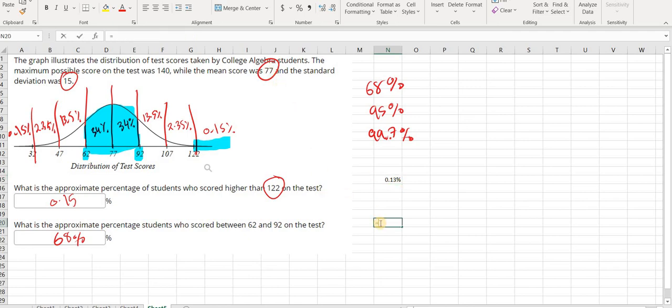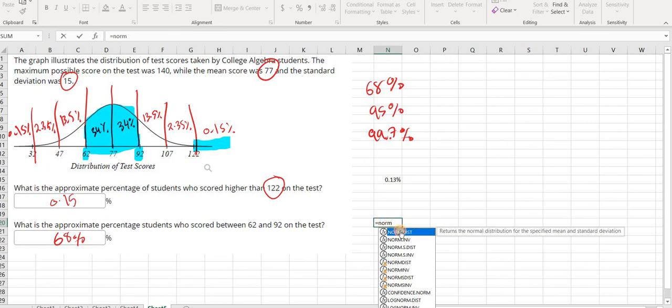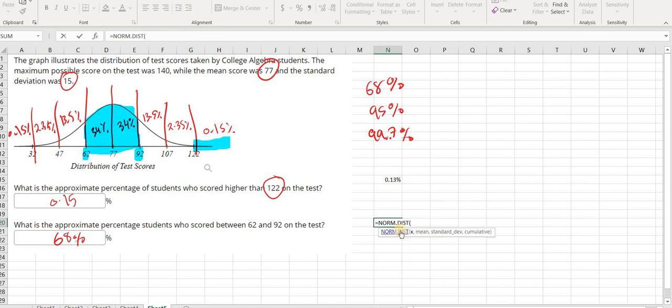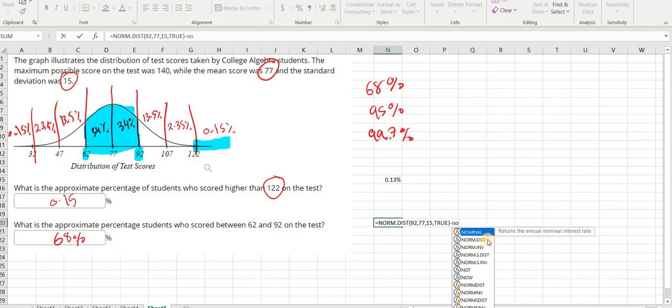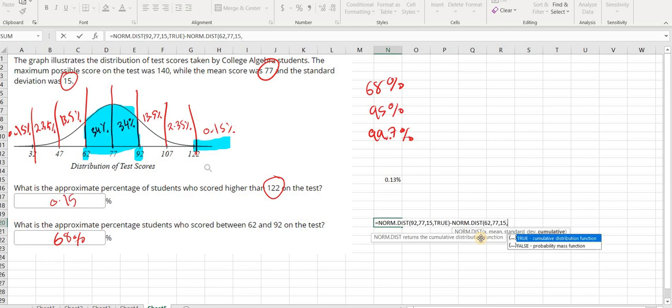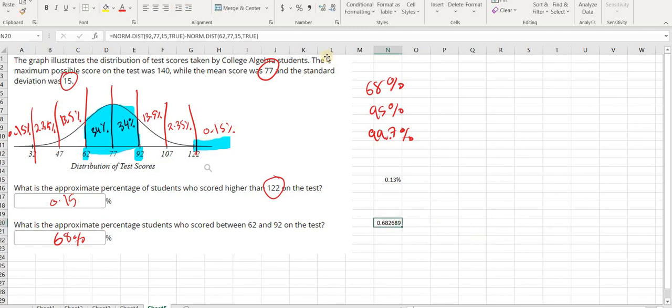The second one, I can use NORM.DIST of the bigger number, 92, comma, the mean 77, comma, the standard deviation 15, comma, true, minus the small number, NORM.DIST of the smaller number, which is 62, comma, the mean 77, the standard deviation 15, and comma, true. I'm going to close the parentheses and enter, and then turn this into a percentage, and then add 2 decimals to make it a little bit more accurate.